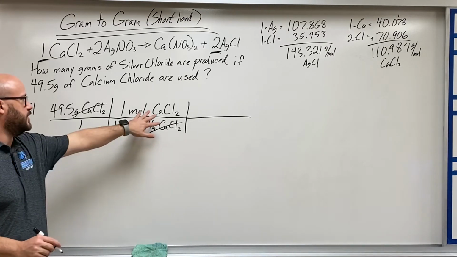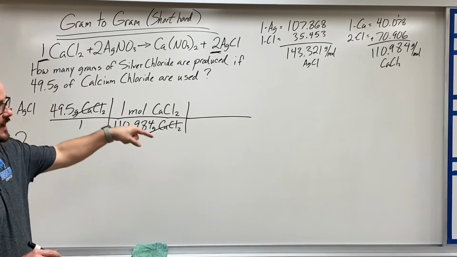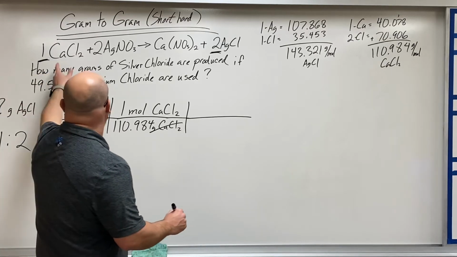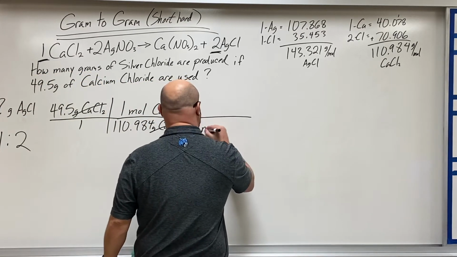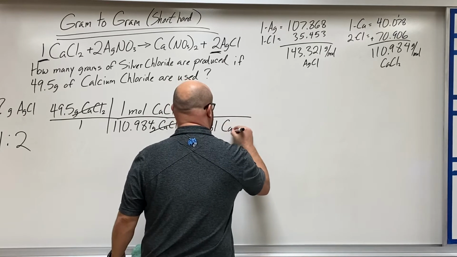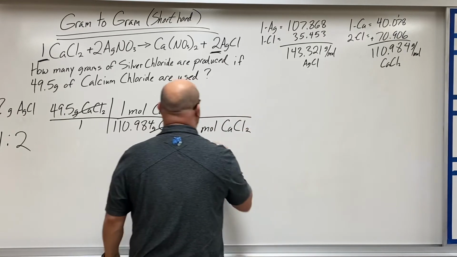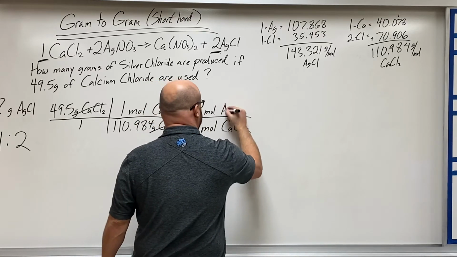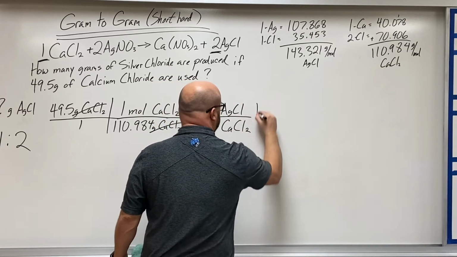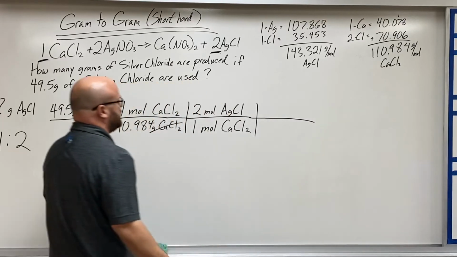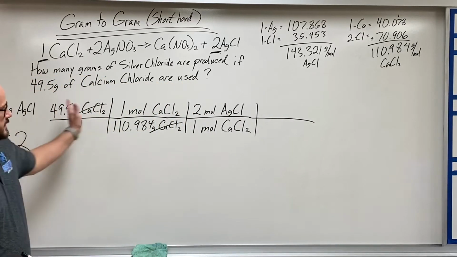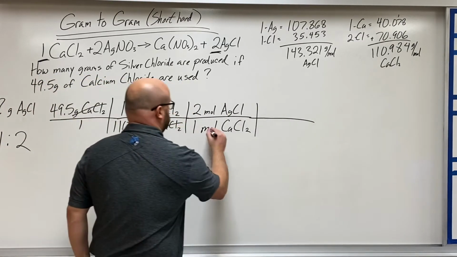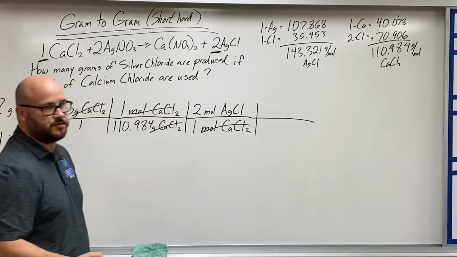And remember, we want moles of CaCl2 to cancel, so we have to put it on bottom. So for every 1 mole of CaCl2, we'll have 2 moles of AgCl. Cancel out your moles and then extend your railroad.